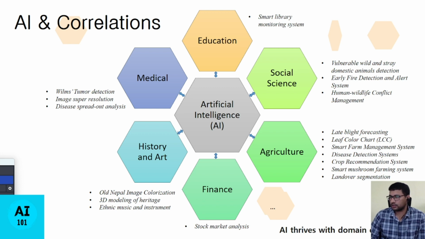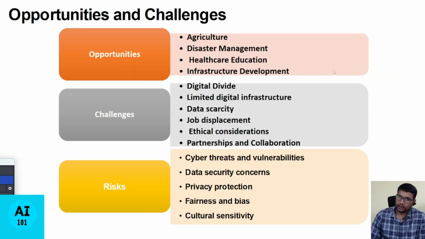And in today's scenario, artificial intelligence is a state-of-the-art method, and we have some opportunities and challenges. We already discussed some opportunities, and some challenges we have are the digital divide. Most people don't know about AI technology at this time. If we are interested in some AI technology, sometimes there could be a lack of infrastructure also.